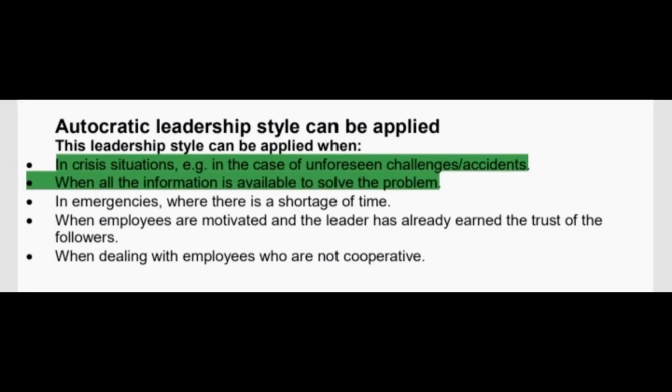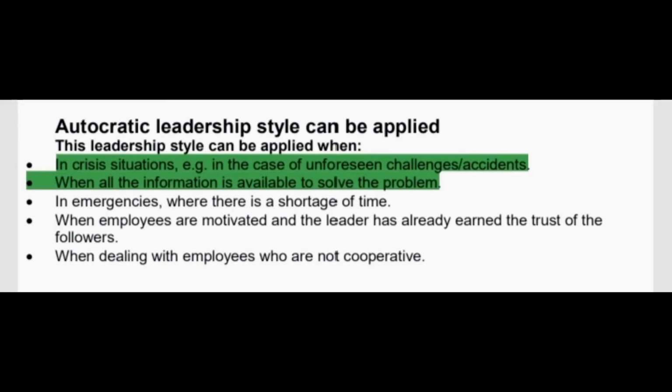That's autocratic leadership. Or let's say I'm a boss. I go tomorrow and tell the management, from today we are working like this and that. We have never had a meeting with the management, but as the owner of the company, I just go there and change things without considering their ideas. That's autocratic leadership.